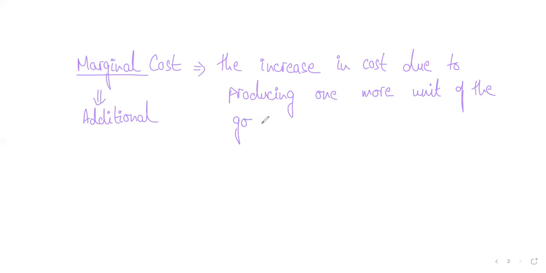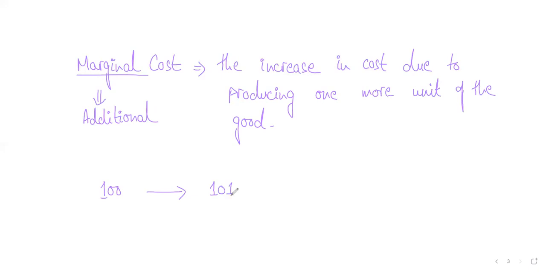Okay, now think about this. As I was giving you the example yesterday, let's say there is a business that has produced 100 tables already. So there's a furniture manufacturing shop or whatever you want to call it, and it has manufactured 100 tables. Now it wants to increase its production from 100 to 101.